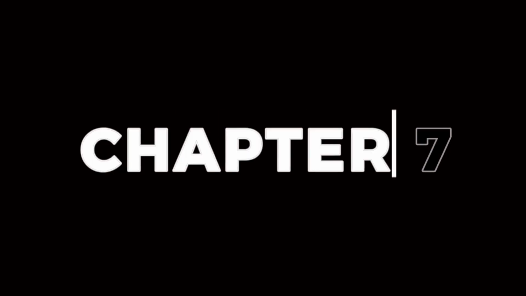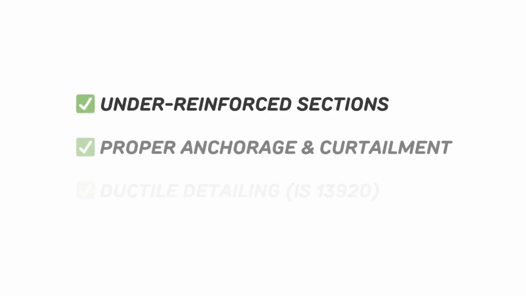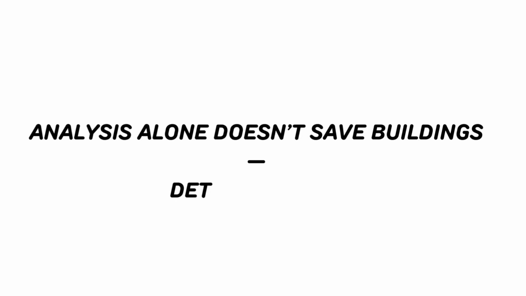Chapter 7. Codes and practical design rules. All major codes allow redistribution, but with discipline: under-reinforced sections, proper anchorage and curtailment, ductile detailing. Analysis alone doesn't save buildings. Detailing does.